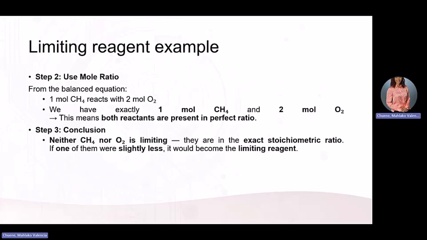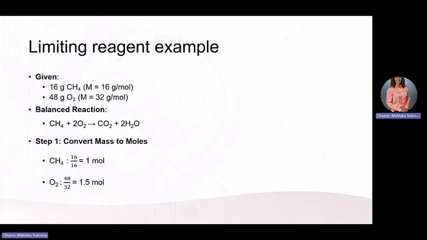So if one of them were to be slightly less, then that one would be the limiting reagent. So this one here is the perfect ratio, and none is a limiting reagent. Now, say for instance, this was changed up a bit, where we have 16 grams of methane still.